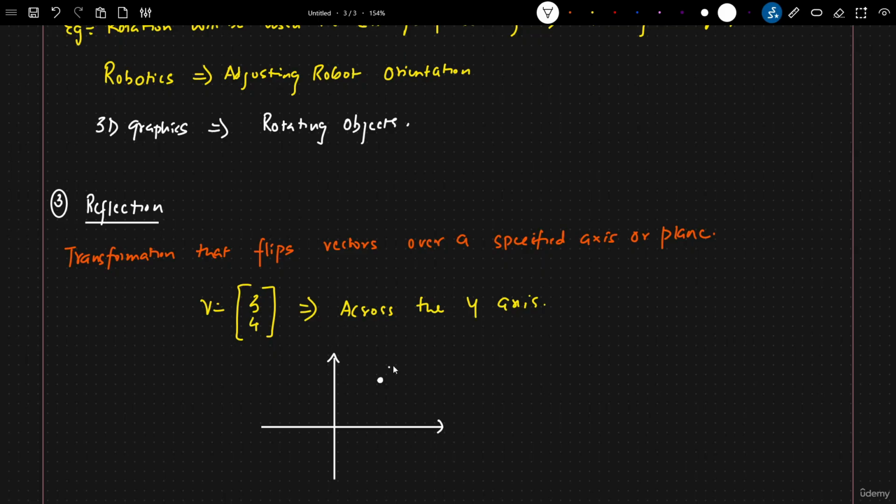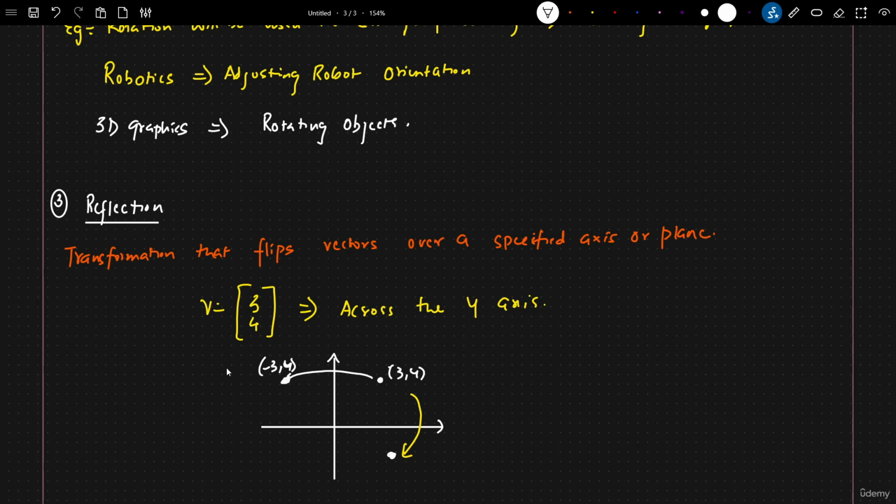I want to flip it. Flipping basically means this axis will be flipped. I can bring this particular point to here, and if it comes over here, it is nothing but (-3, 4), right?